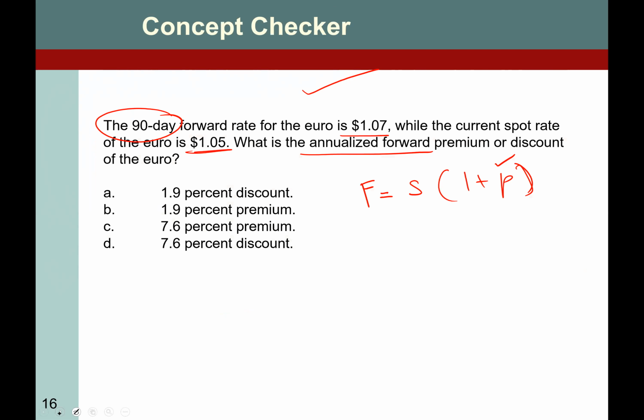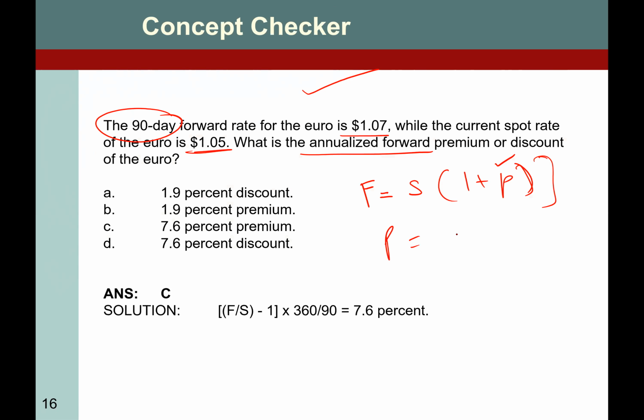So here we go. I think I pasted the answer here as well, right? So if this is 90-day, then we need to multiply this whole equation. Sorry, first we find out P. So P is equal to... if this is 90-day, remember premium or discount is always written in annualized form. So you need to make this annualized.